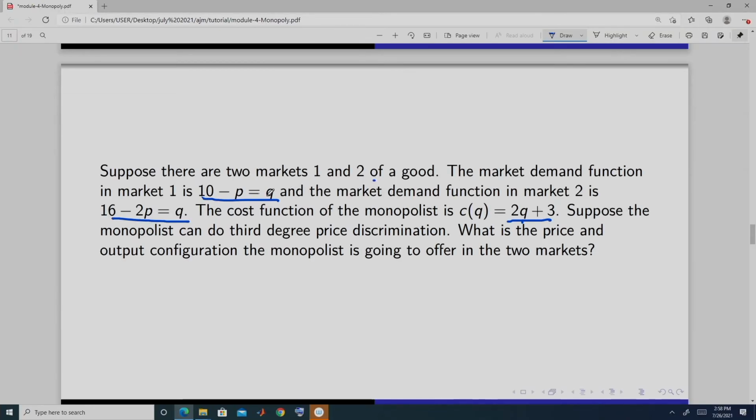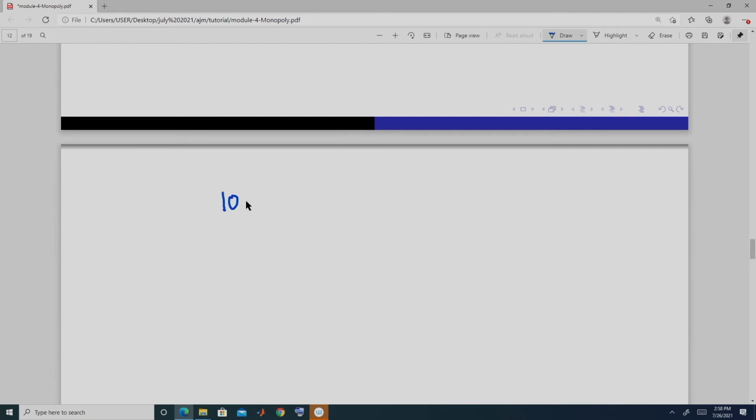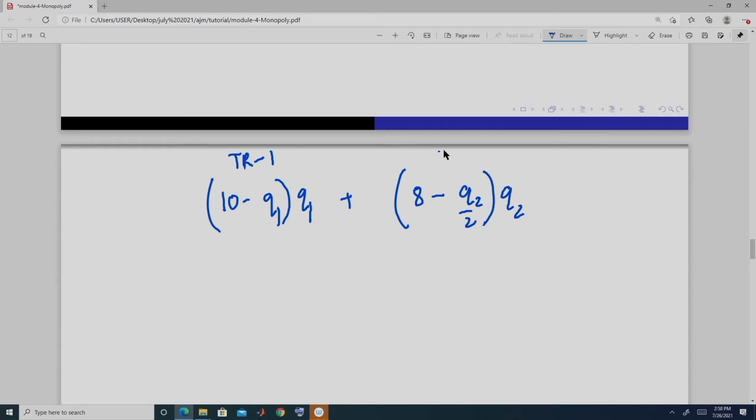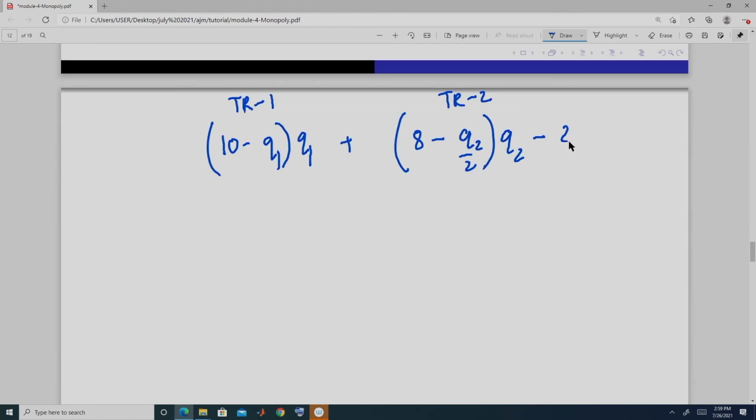Here market 1's demand function is this, market 2's demand function is this. So, market 1's output is Q1, this is the total revenue TR from market 1 plus this is total revenue from market 2 minus 2Q. So, this is the total profit earned by the monopolist.